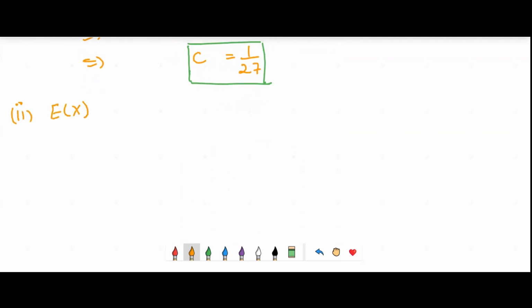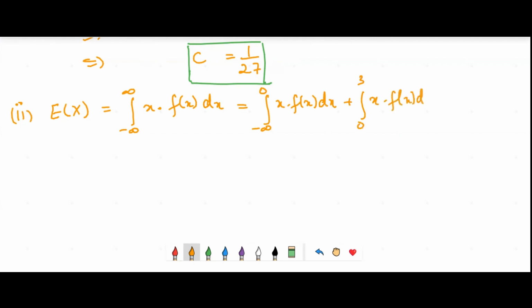Now let us find out the value of the expectation. Very similar to what we have done in the previous question. By the definition, the expectation of a continuous random variable is defined by this. So again, split the intervals: minus infinity to 0, 0 to 3, 3 to infinity.